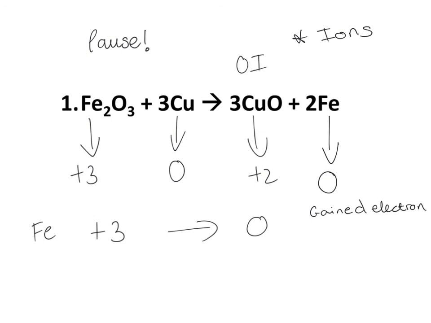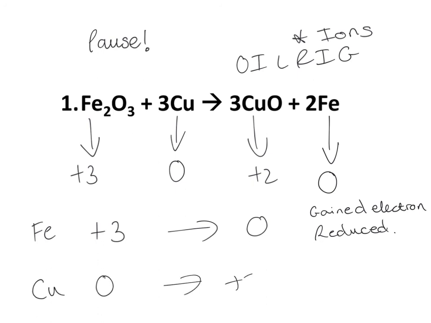Think about OIL RIG. Oxidation is loss, reduction is gain, so it has been reduced. Copper then goes from 0 to 2+, so it has lost electrons, so it has been oxidized.